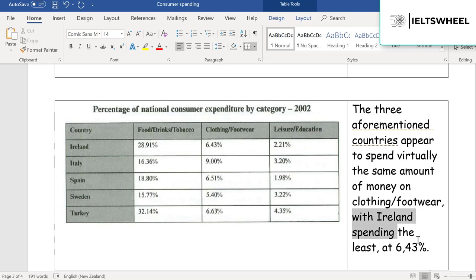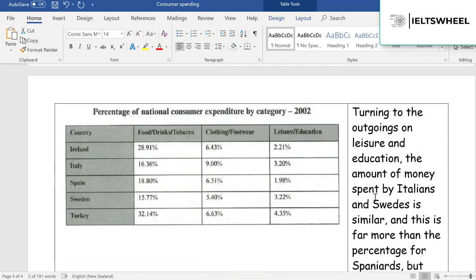Here, with Ireland spending the least. Now, if you just look at Ireland, of these three countries, right, Ireland spends less, and therefore just write with Ireland spending the least. Okay, so little, less, the least, and then at, and then show the exact percentage.